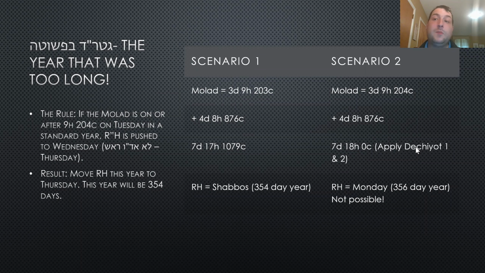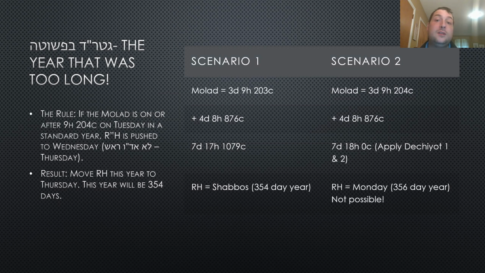So in this case, the molad is Shlishi, 9 hours and 203 chalakim. Oh, somebody sent a chat. Okay. So it's on Tuesday, 9 hours and 203 chalakim. So this rule is not going to be triggered here. And then you add, because it's a Shana Peshuta, the offset for a Shana Peshuta, which is 4 days, 8 hours, and 876 chalakim.